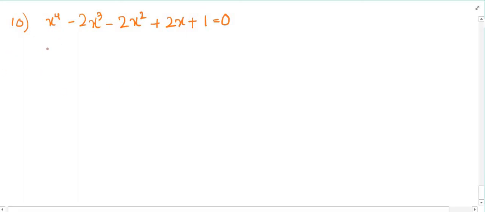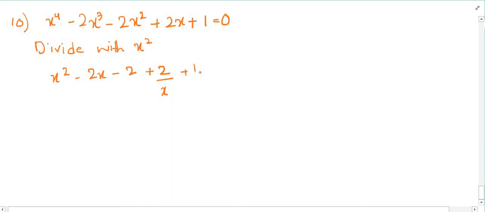When you divide with x square, it becomes x square minus 2x minus 2 by x plus 1 by x square equals 0.